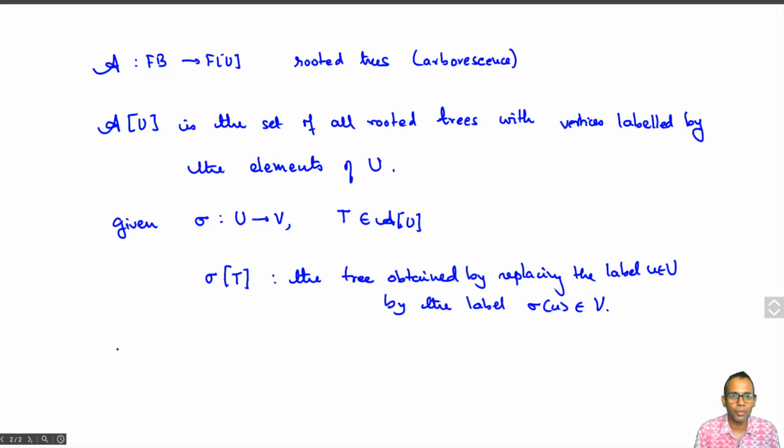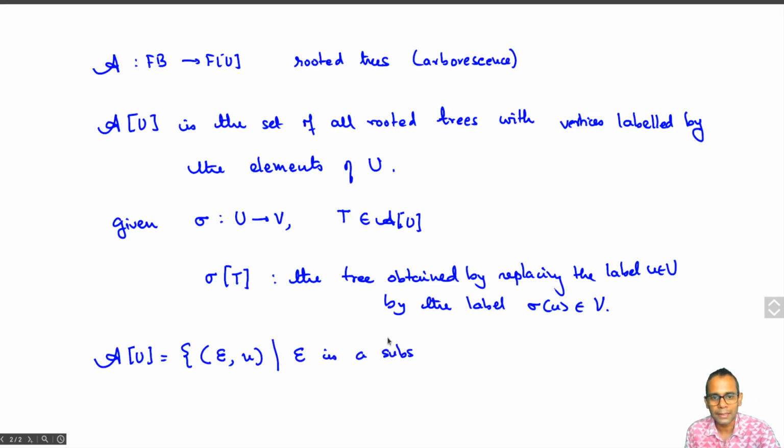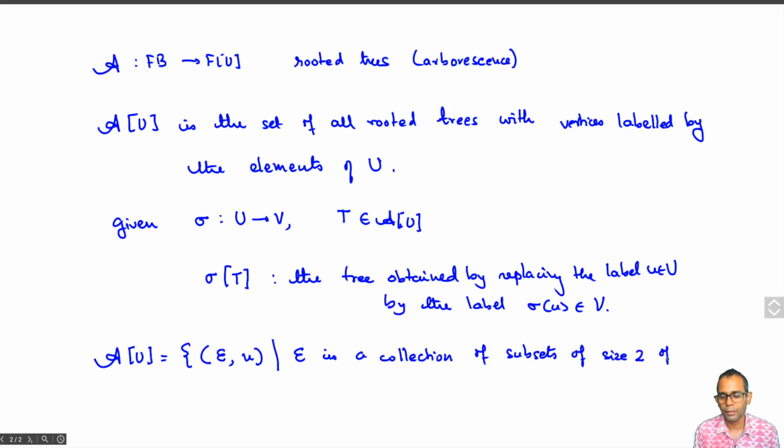If I want to write this even more formally, what we can say is A of U consists of all collections of pairs E comma u, where firstly E is a collection of subsets of size 2 of U, u is an element of U, and this data satisfies certain axioms.